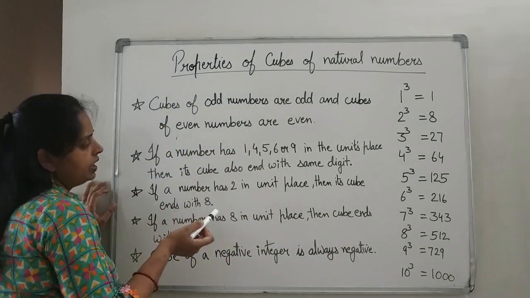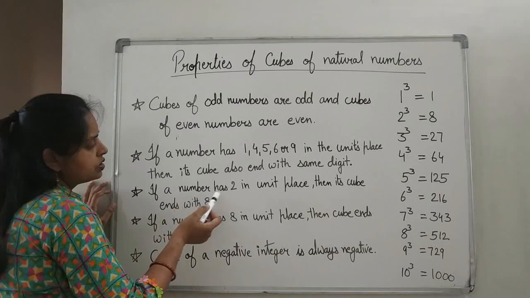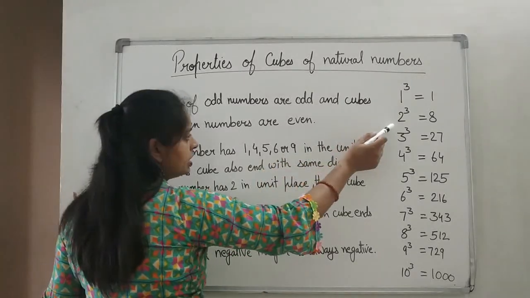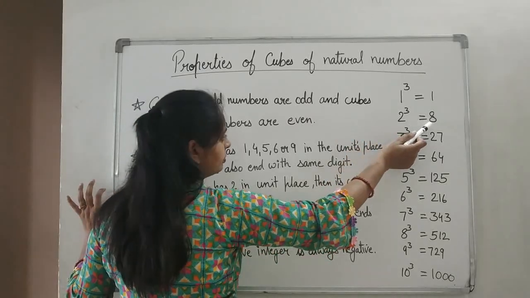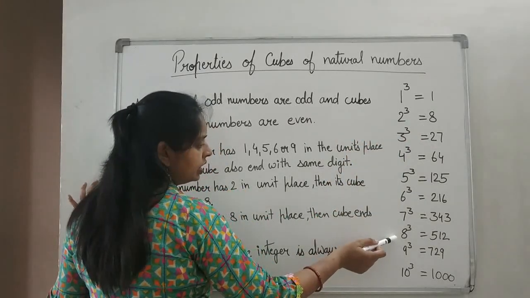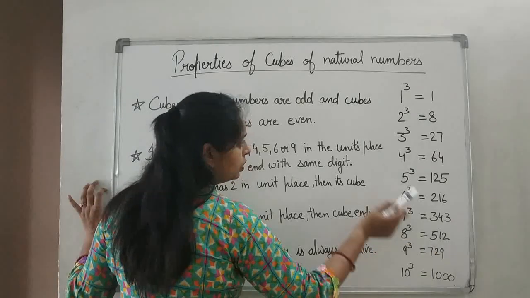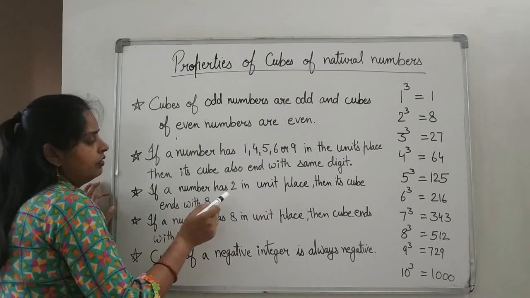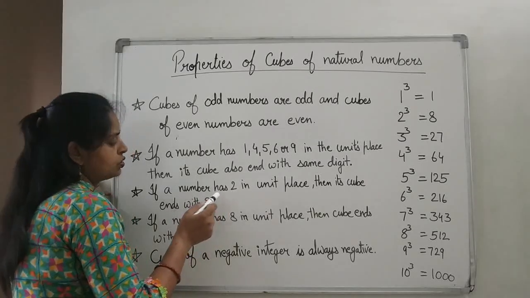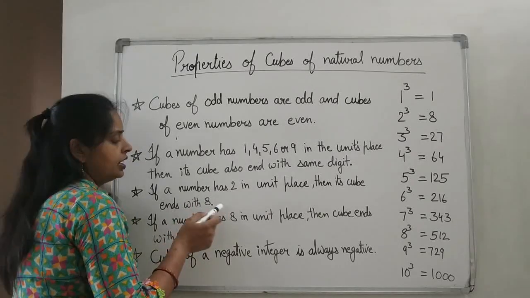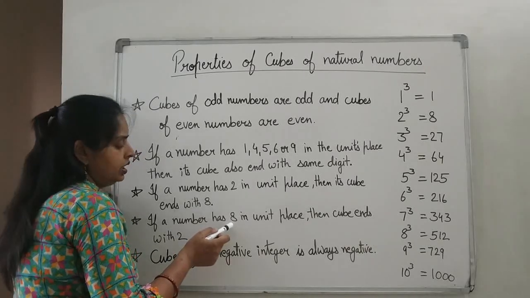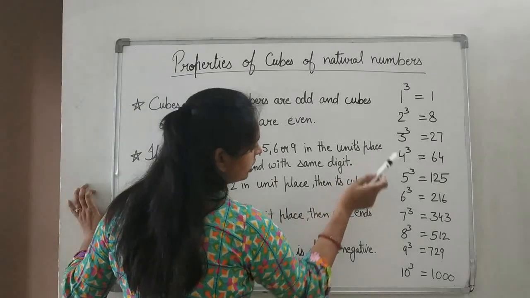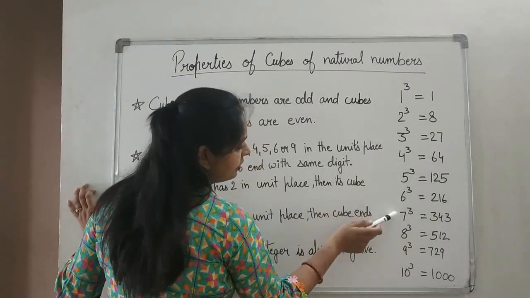Now if a number has 2 in the units place, then its cube ends with 8. And if 8 is at the end, then its cube ends with 2. So 2 and 8 are such a pair. Similarly, we have another pair, 3 and 7.